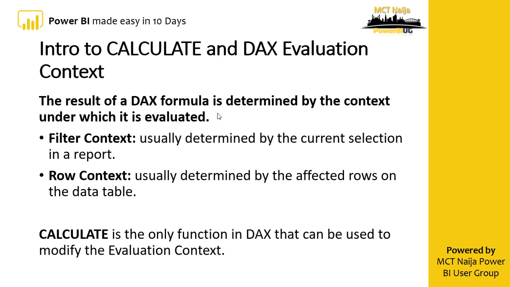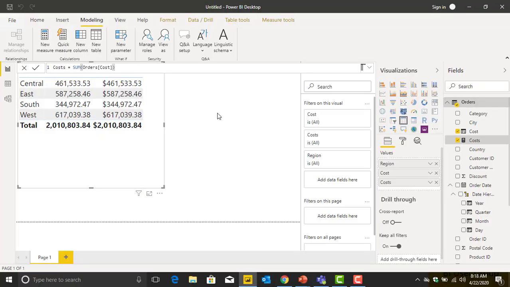So to make this easier for us to understand, let me switch back over to Power BI. So now I have this report showing. How does DAX know, when I wrote equals to sum of orders costs, I never put anything there to say the central is equal to this or the east is equal to that?